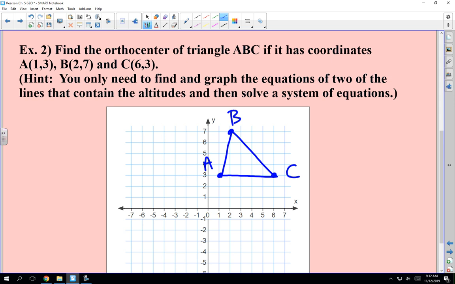If I want to guarantee that a line starting right here, I'll do it in red, going over to here, hits at a right angle, what do you need to know about the slope? How does the slope of the line perpendicular to BC compare?